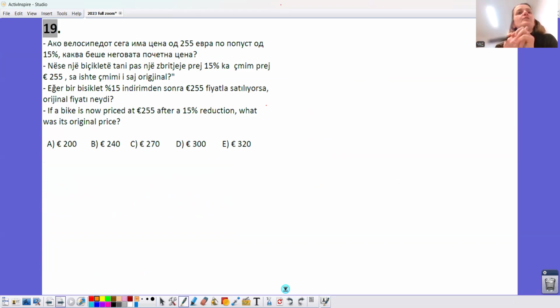Then the 19th one: if a bike is now priced at $255 after a 15% reduction, what was its original price?